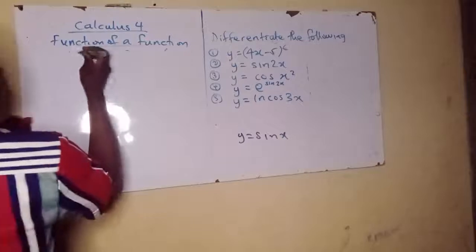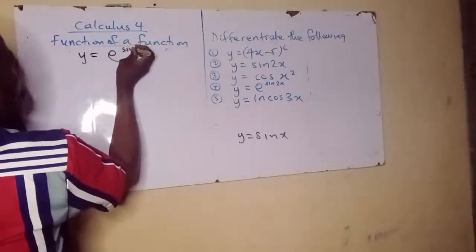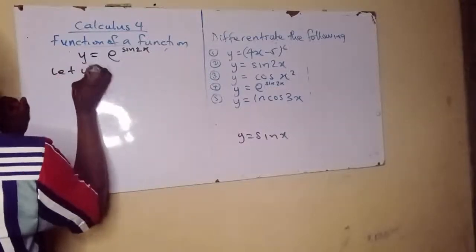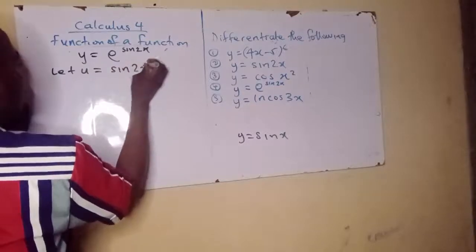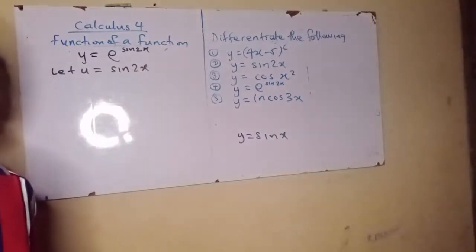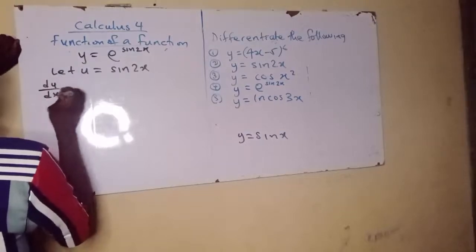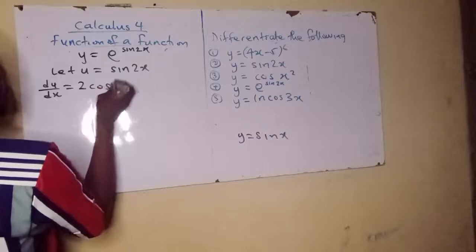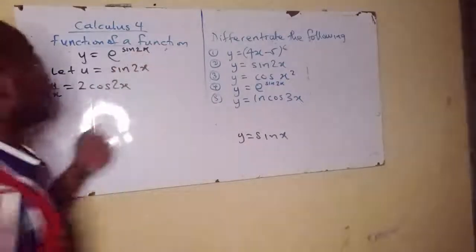The fourth one says y is equal to e exponential sin 2x. Now you just say that let u be equals to sin 2x. Now du dx, we already know the differentiation of du dx to be 2 cos 2x, so I have done that stress in the previous example.